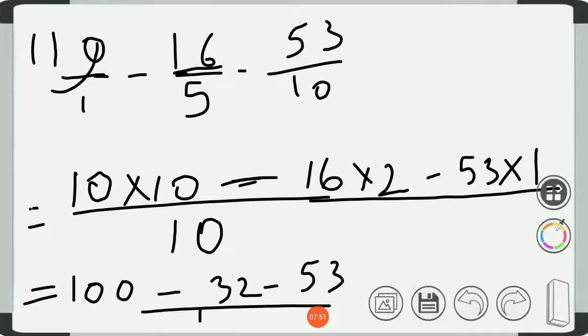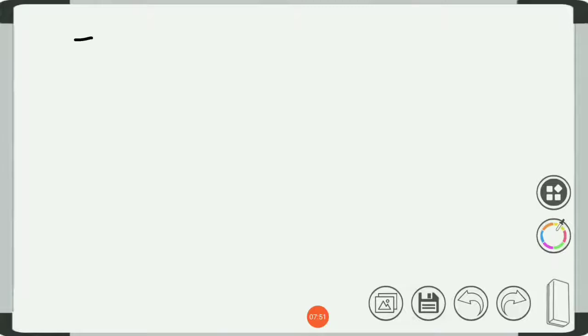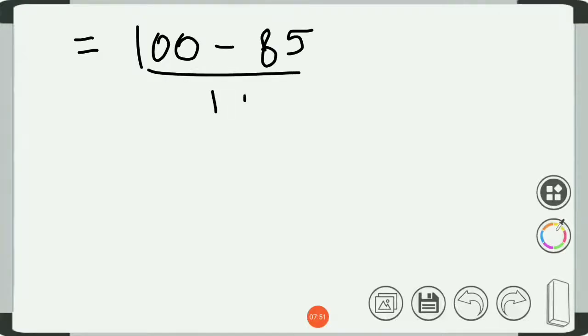First you have to solve this. You have to add both the numbers but put the sign minus. It means 100 minus 32 plus 53, 85 upon 10.